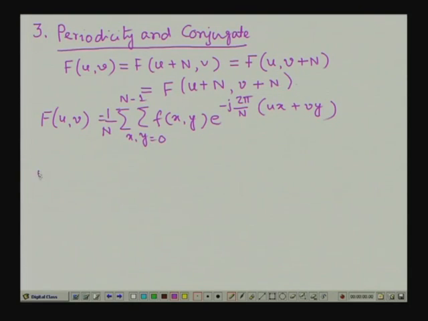Now, if we try to compute F(u+N, v+N), then what do we get?